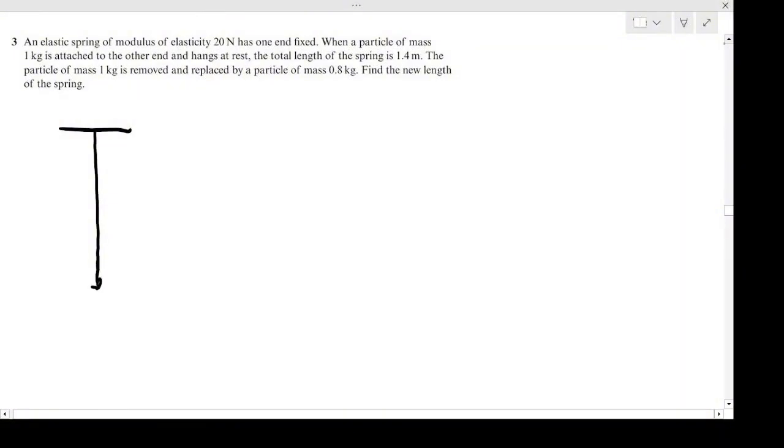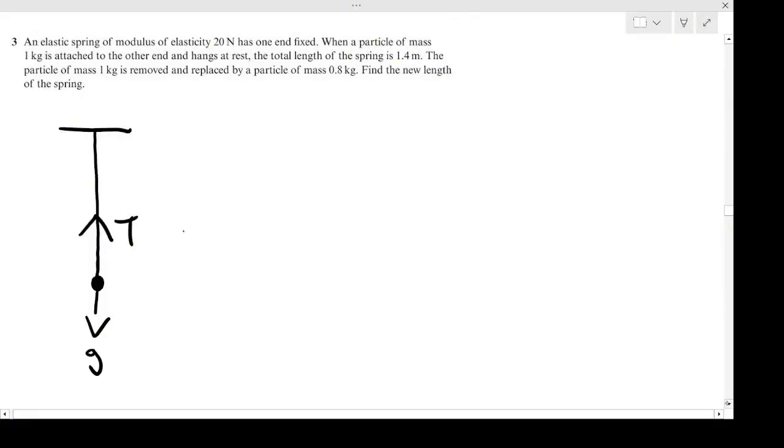Then there's a particle at the end, and that particle has mass 1, which means it has a weight pulling it down of 1g, or just g. Because that will cause the spring to stretch down, the tension T in the spring will act up to oppose it.